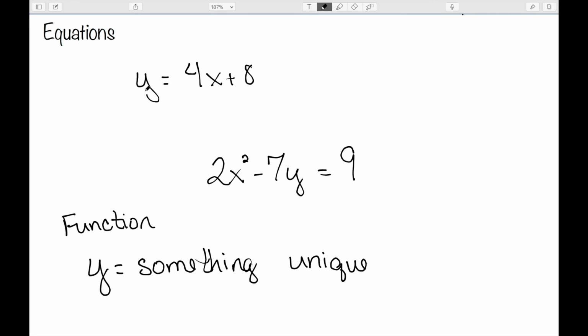So as an example, this one has y equal to 4x plus 8. That's allowed. This one, I could write it, and like I said, I won't go into details right now, as y equal to 2 over 7 x squared minus 9 over 7.